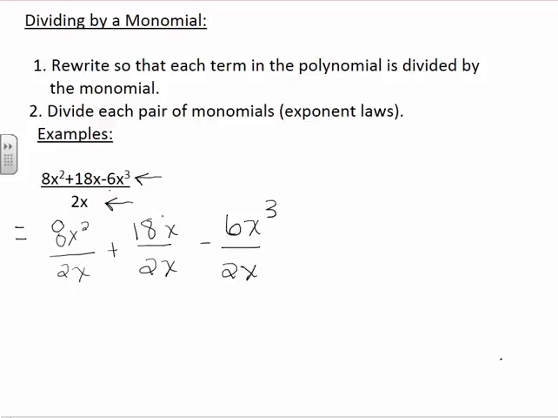And now we proceed with our exponent laws, specifically the quotient rule. So first we're going to divide all of the numerical coefficients together, and then we will divide each of the variables that are similar with each other.